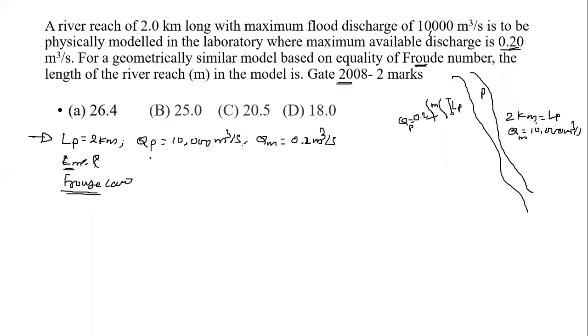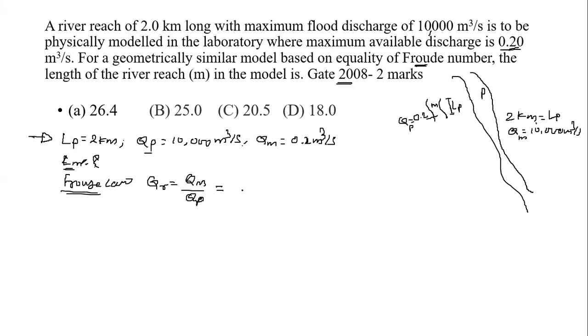The discharge scale ratio QR is equal to the discharge in the model divided by the discharge in the prototype. We know that discharge is area into velocity. Area is length squared, and velocity scale ratio for the Froude number is root LR. I will go into the details.